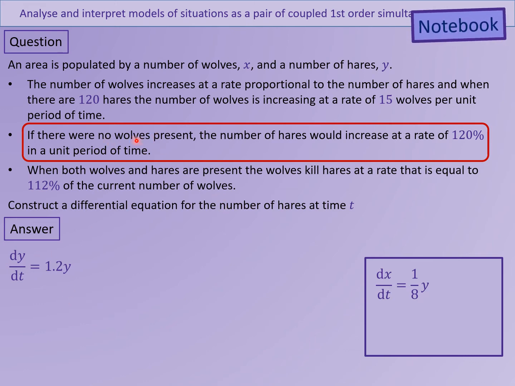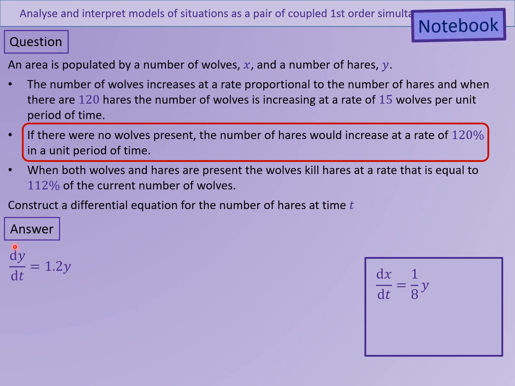So when there are no wolves present, the number of hares will increase at a rate of 120% in unit period of time. That's what it's saying here. The change in the y value, the change in the number of hares, over the change in time is equal to 1.2, 120% of the number of hares. Okay, that's it, you're done.